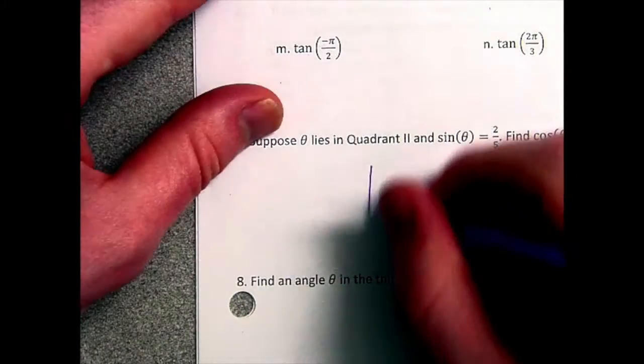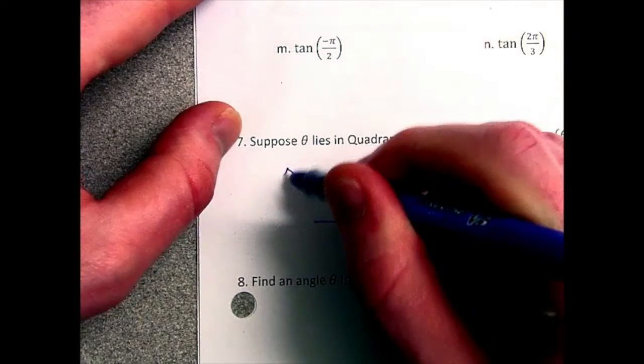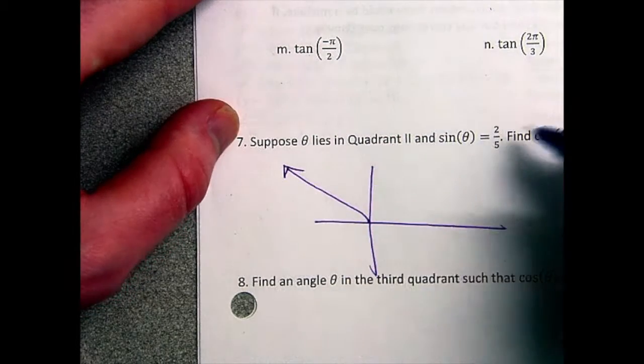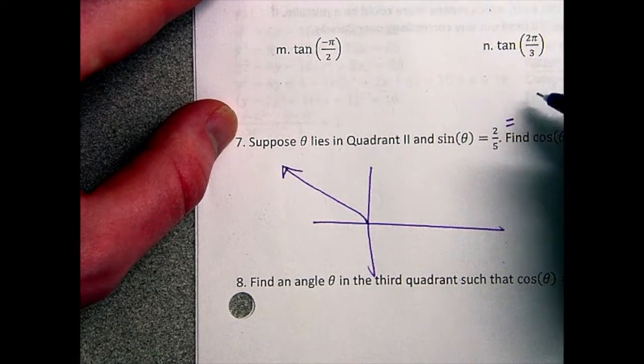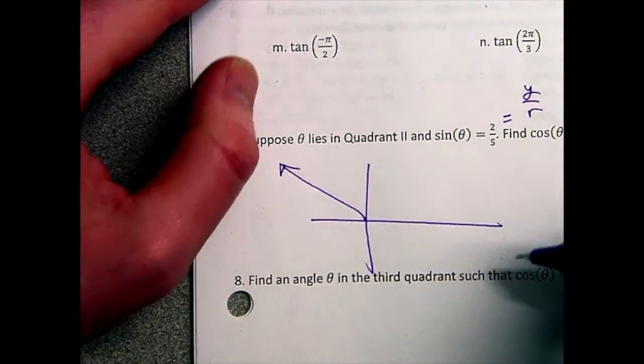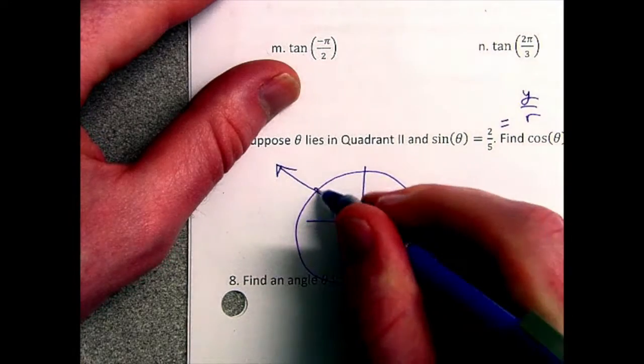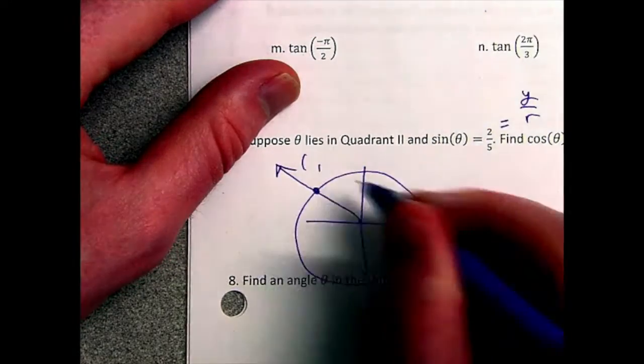Well, you know, this is kind of an easier version of problems we've already done. Theta lies in quadrant 2, so it's over here, and the sine of theta is 2/5. Sine of theta, of course, is defined as y over r, so apparently y is 2 and r is 5. So if I draw a circle of radius 5, then the y-coordinate of this point is going to be 2.